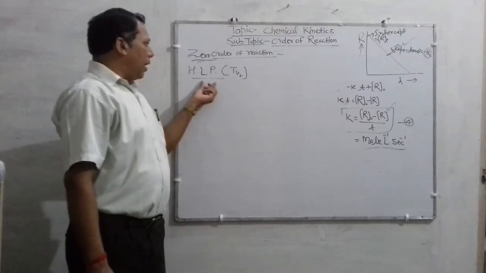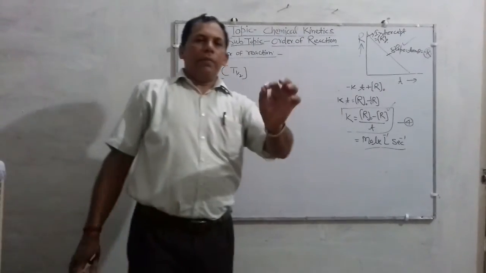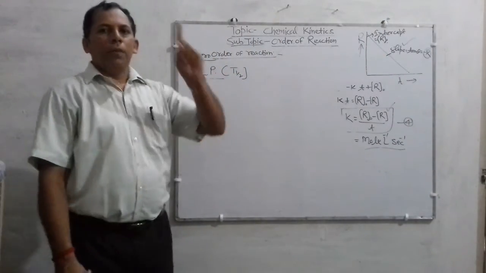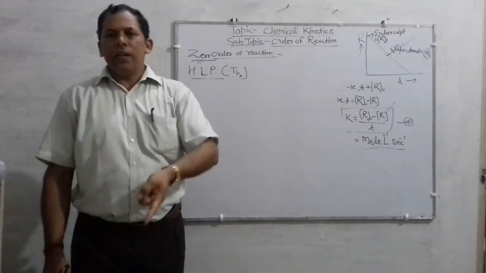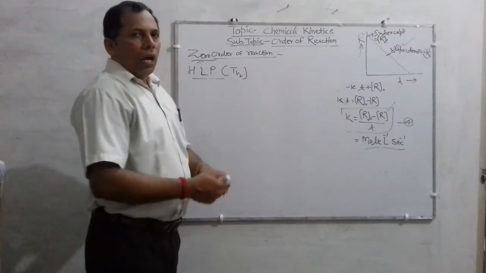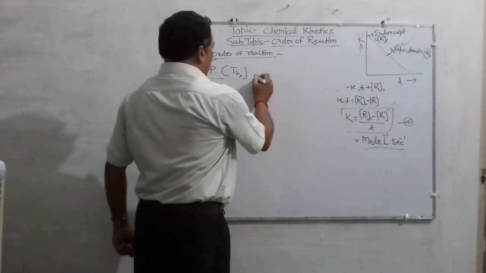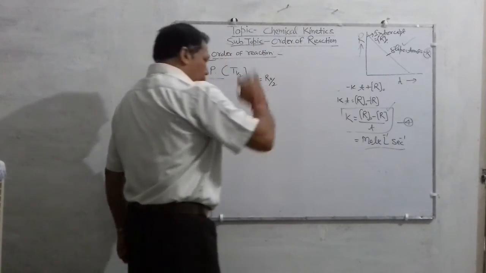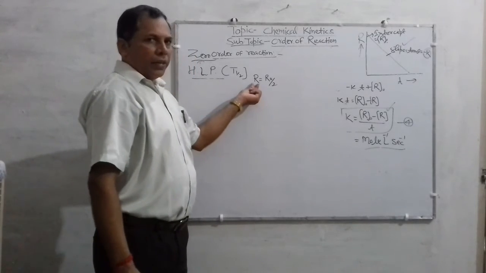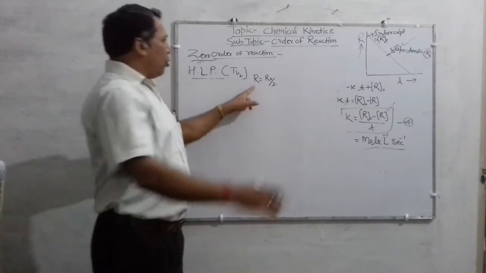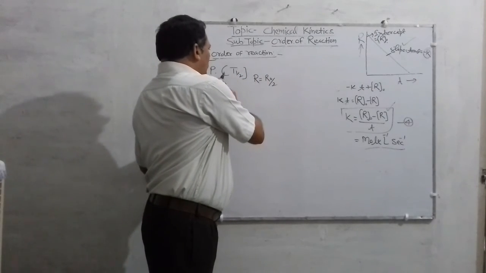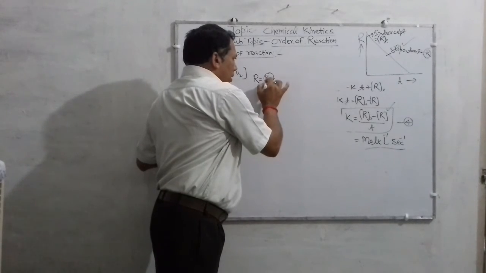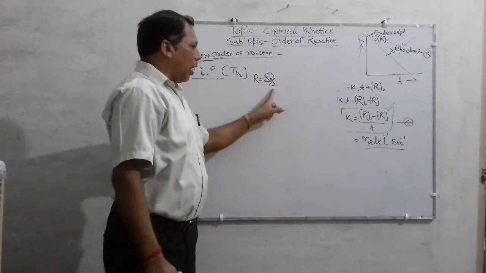Listen, children. This means the value of R becomes equal to R0 by 2. Suppose R0 is the initial concentration of the reactant. So on the basis of the definition, at half-life it becomes R0 by 2.